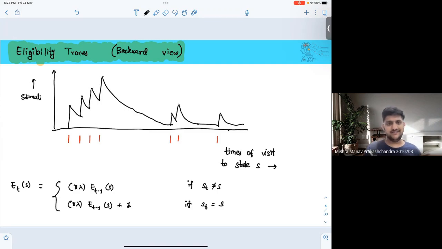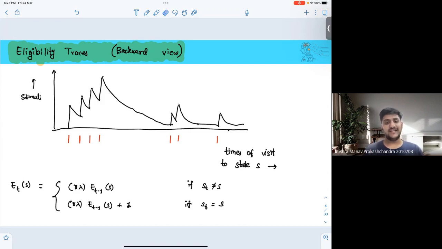So what this equation is saying is something similar to what I have represented in the above diagram. So the eligibility is a quantity associated with each state. So each state has a parameter called eligibility. Initially, the eligibility is 0. The moment I encounter a particular state S at time t, my eligibility becomes 1.